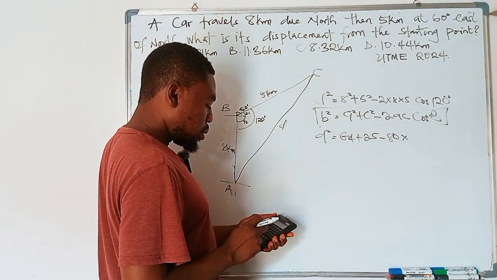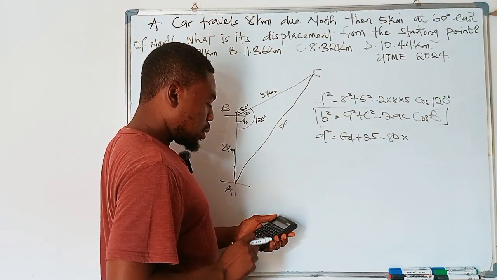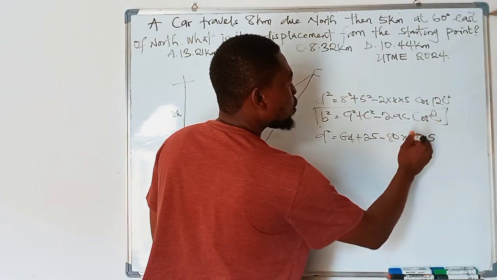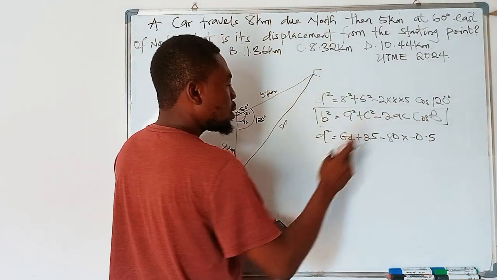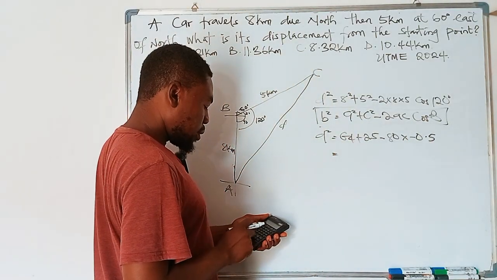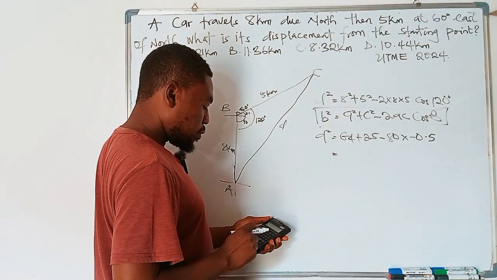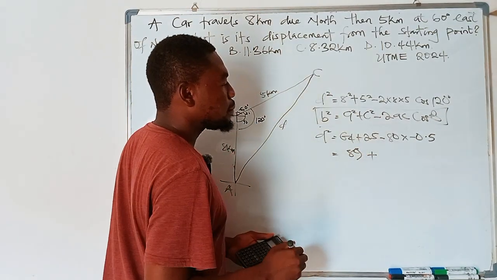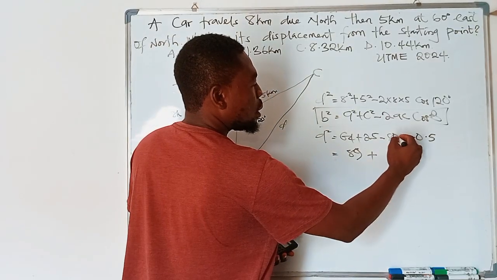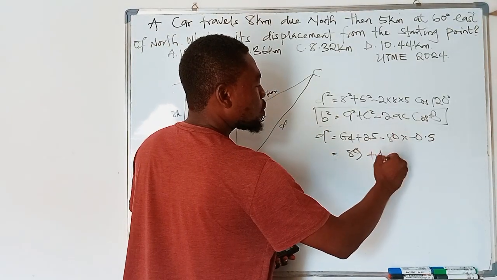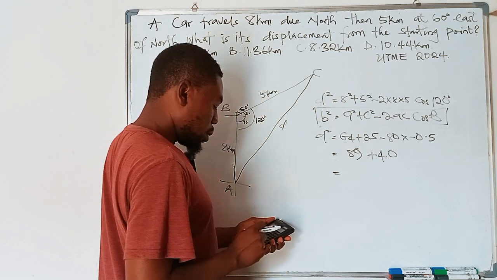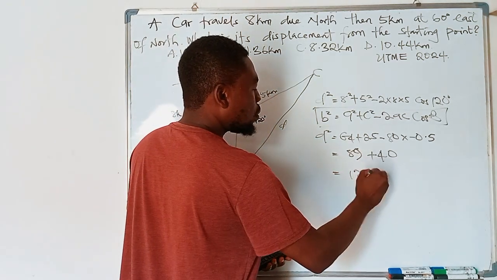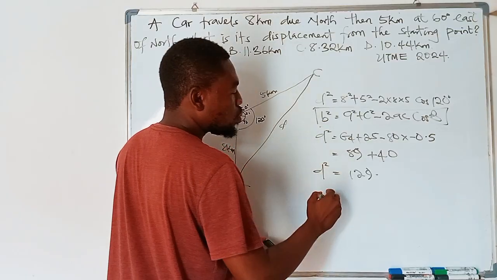Cos 120 is minus 0.5. So this minus and this minus will give us 64 plus 25, which is 89, plus 40, since 80 times 0.5 is 40. Plus 40 is equal to 129. So D squared is equal to 129.